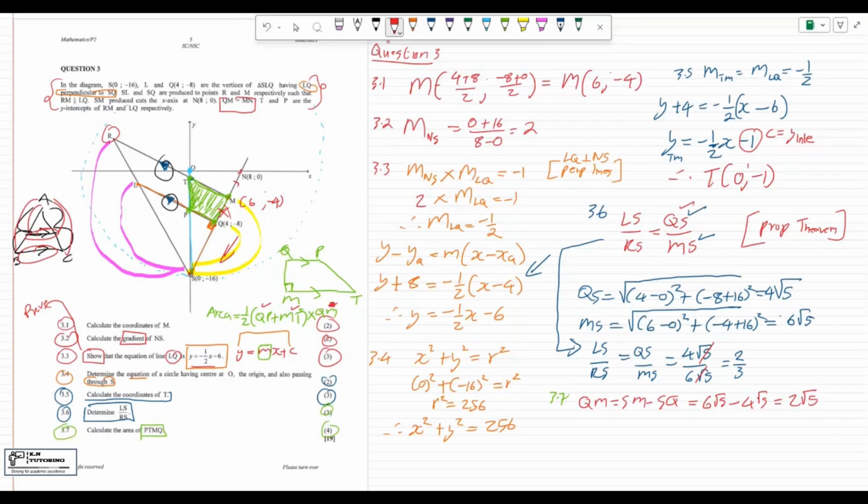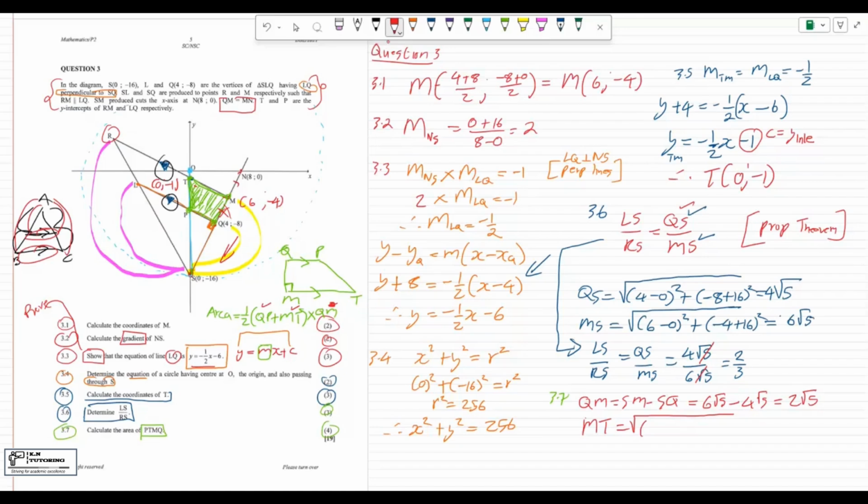I need to find MT. So M to T, I can use distance formula. MT equals, I've got the coordinates of M, I've got the coordinates of T. Remember T there, it's 0 and -1.